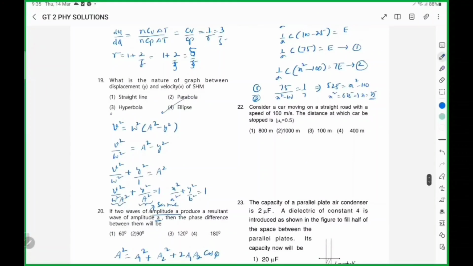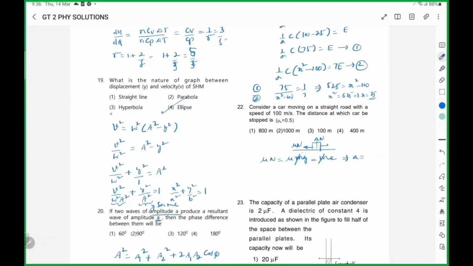Consider a car moving on a straight line. The distance at which the car can be stopped. This is the normal reaction, so frictional force will be like this. Friction here is mu mg, which is ma.